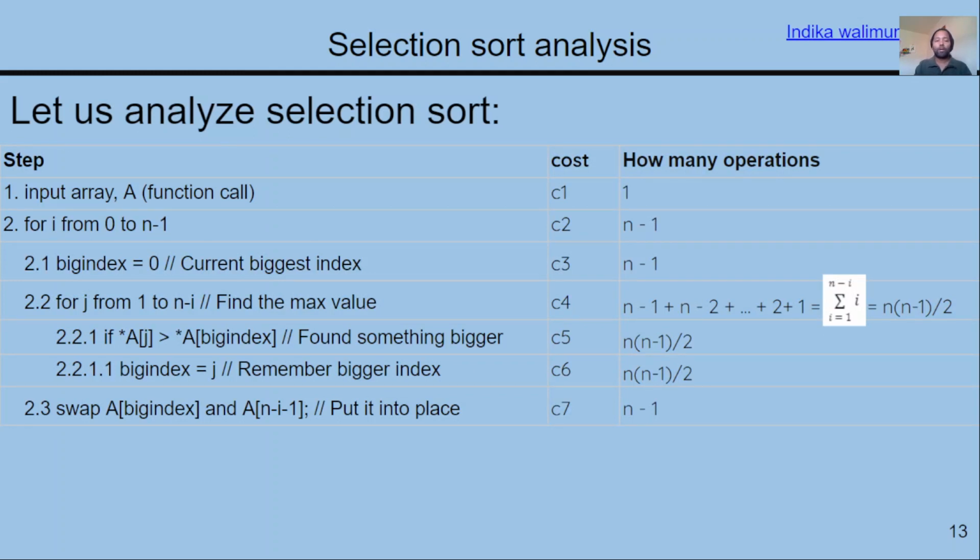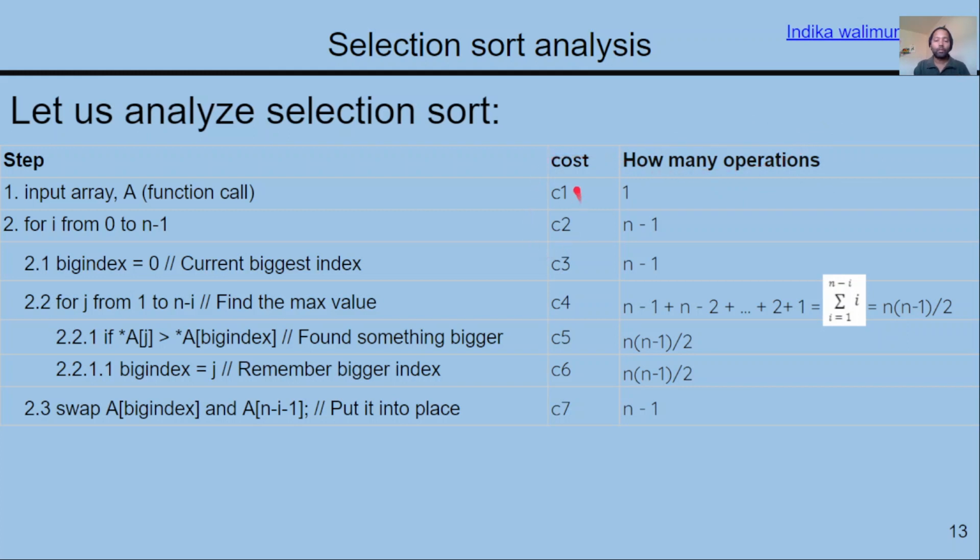Here is the step algorithm for the selection sort. I just copied it from our book. Those are the steps, and each step has a cost. So this is a table of steps, cost, and how many steps.